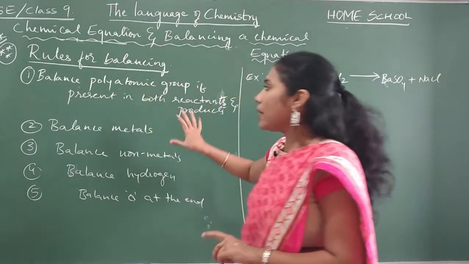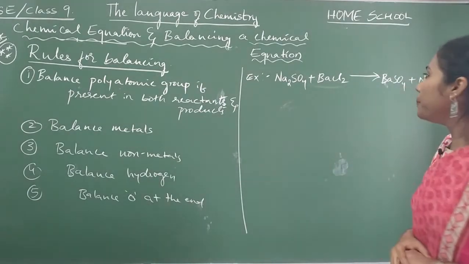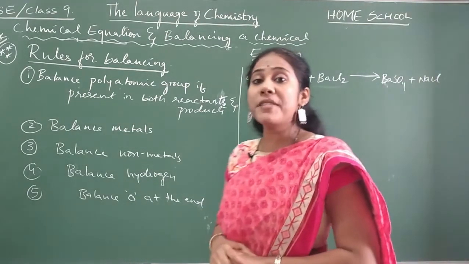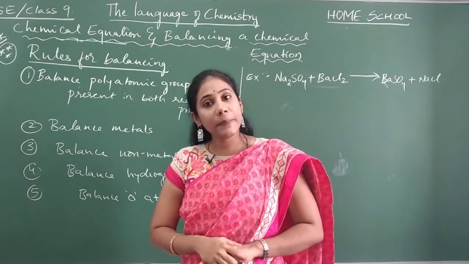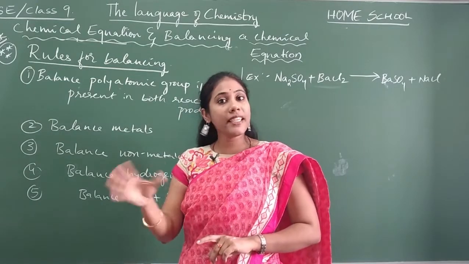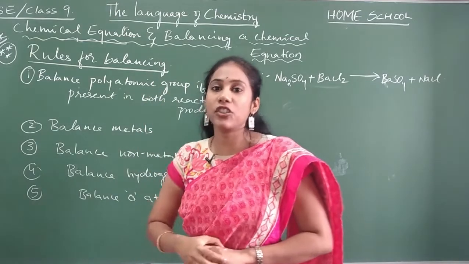Balance polyatomic groups. Find out if you have a polyatomic group in this reaction or not. What do you mean by polyatomic group? Groups like sulfate, carbonate, nitrate, bicarbonate, nitrite, sulfite. So check whether these groups are there in a reaction or not.